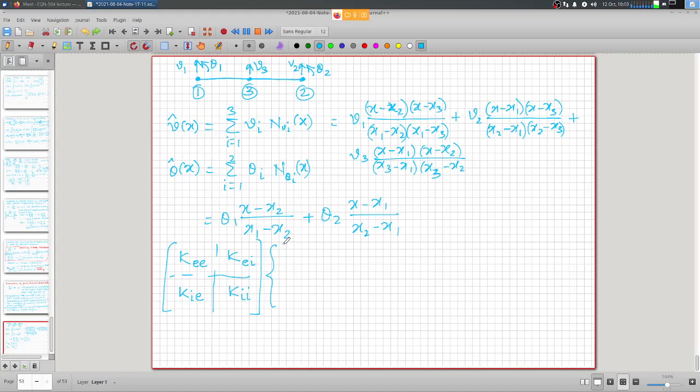So we can say that V1, theta 1, V2, theta 2 and V3 is equal to whatever you have here, F E plus F I plus Q I. These subscripts E and I refer to external, the boundary, and I refers to the interior.